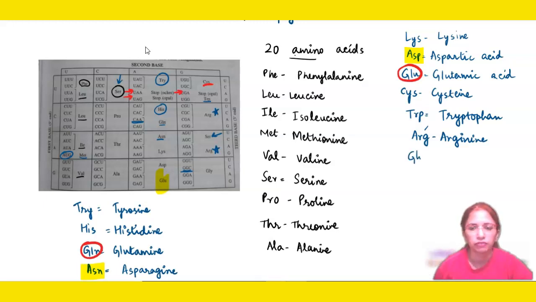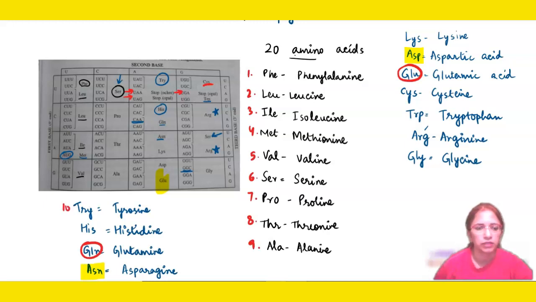And then we have glycine. So GLY means glycine. We will be now numbering the amino acids. So this was 1, 2, 3, 4, 5, 6, 7, 8, 9, 10, 11, 12, 13, 14, 15, 16, 17, 18, 19, and last 20.